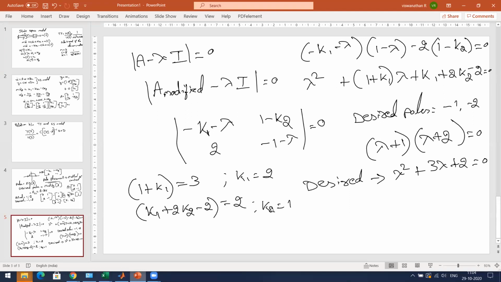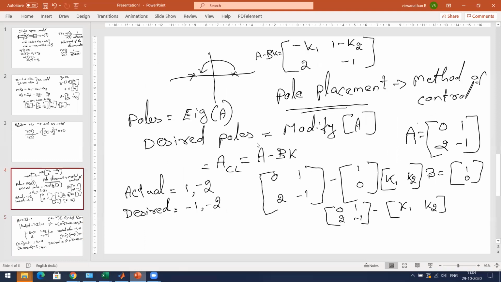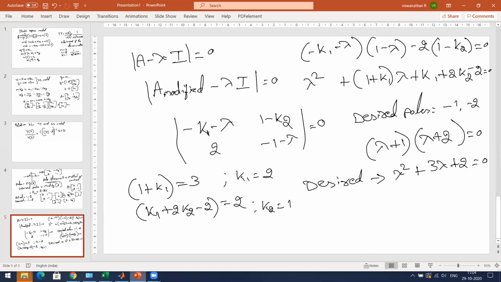Now you have to take A minus Bk. So you have done that and you have got this k1 and k2.